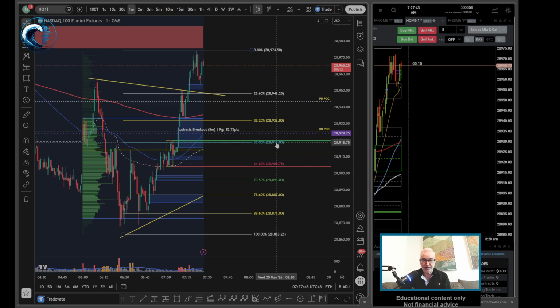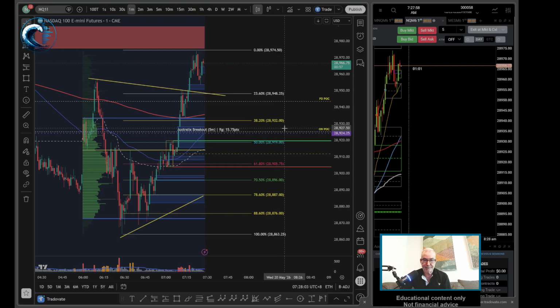I just wanted to see where this stacked up around the previous day POC and overnight POCs. So it could conceivably come back more to this sort of level. And I'd be willing to look at a long if it did come back here.